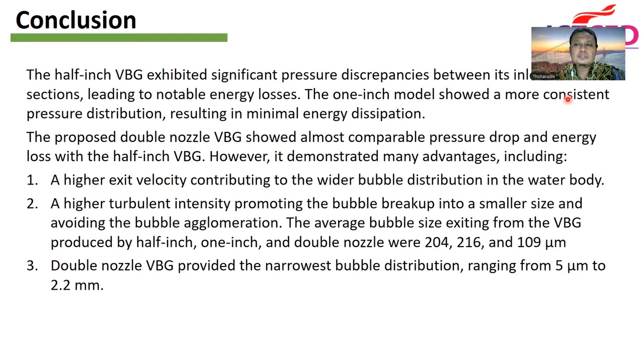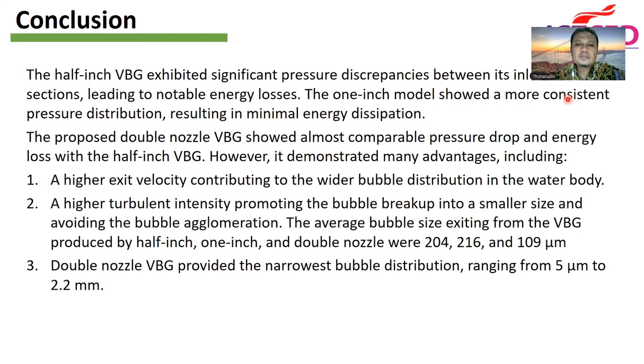However, it demonstrates many advantages. First, a higher exit velocity contributing to wider bubble distribution in the water body. Second, higher turbulent intensity, promoting bubble breakup into smaller sizes and avoiding bubble agglomeration.